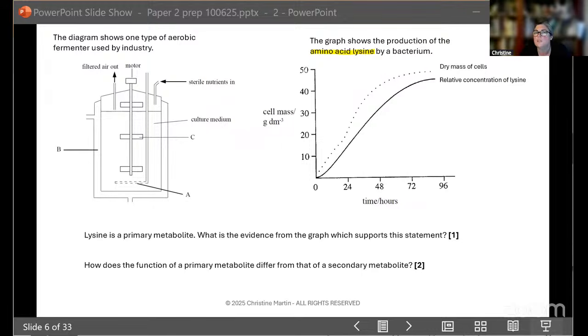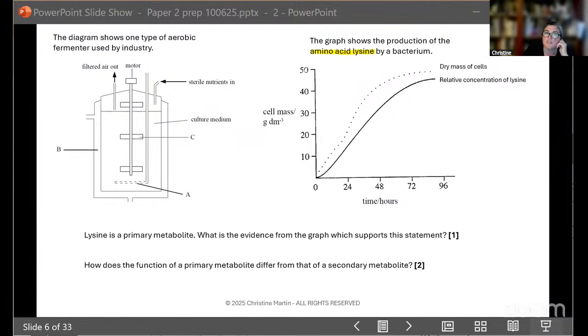If it weren't being supplied with oxygen for aerobic respiration, then it would start doing anaerobic fermentation, and anaerobic fermentation is actually not a good process because you get a buildup of ethanol, and the ethanol will have a toxic effect on the microorganism that you're trying to grow. So therefore you want to aerate it to provide the necessary oxygen for aerobic respiration. Does that help?